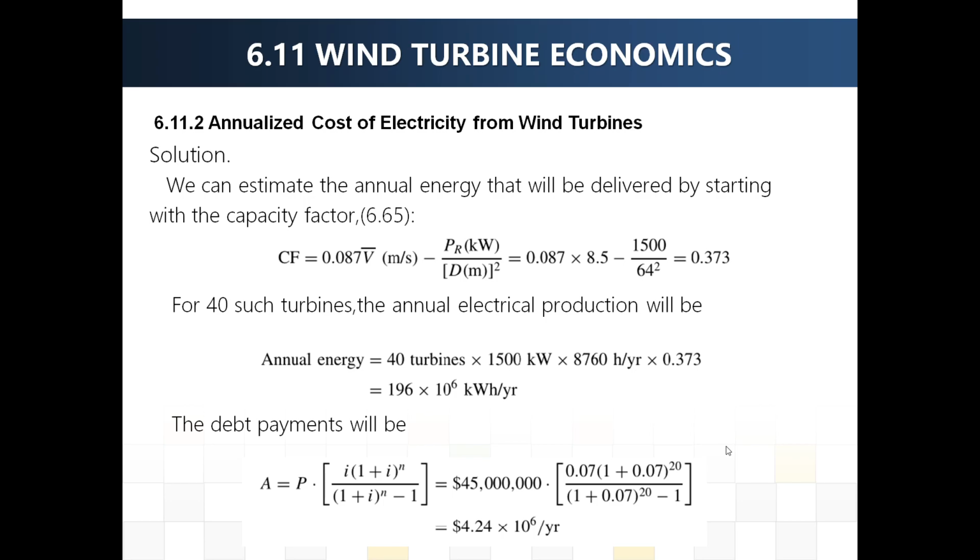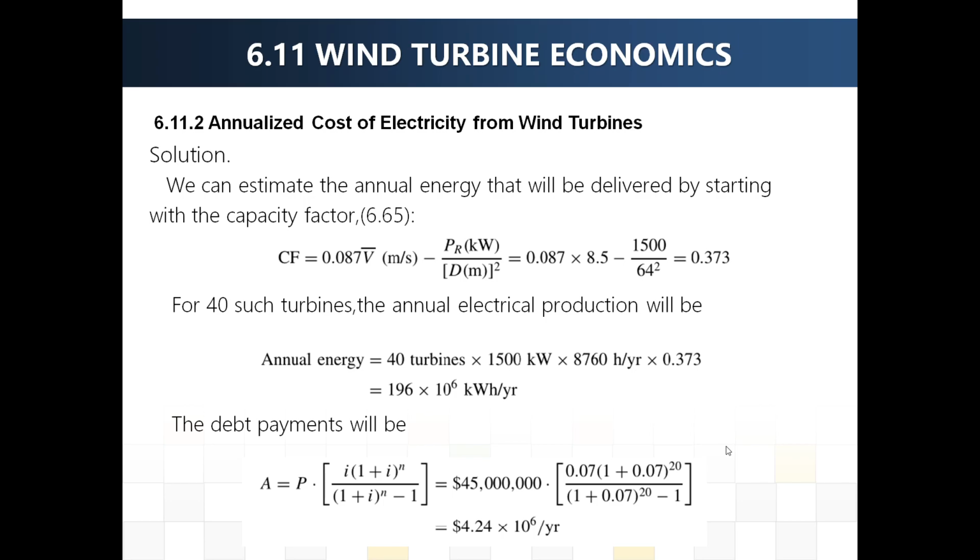The annual energy is the rated power 1,500 multiplied by 8,760 multiplied by 0.377, which is equal to 169 million kilowatt hours per year.